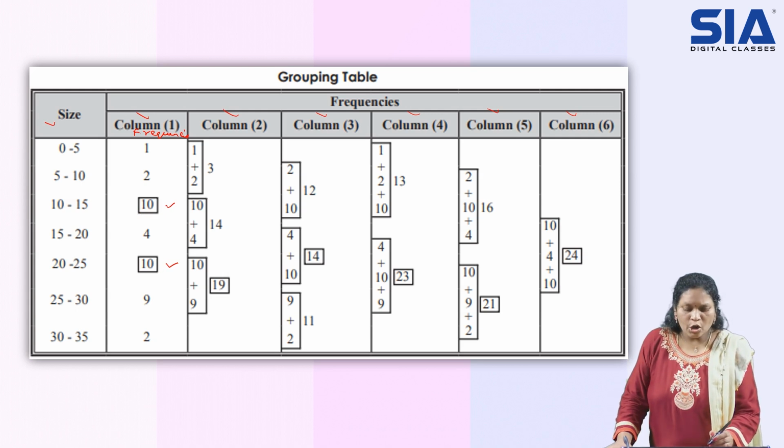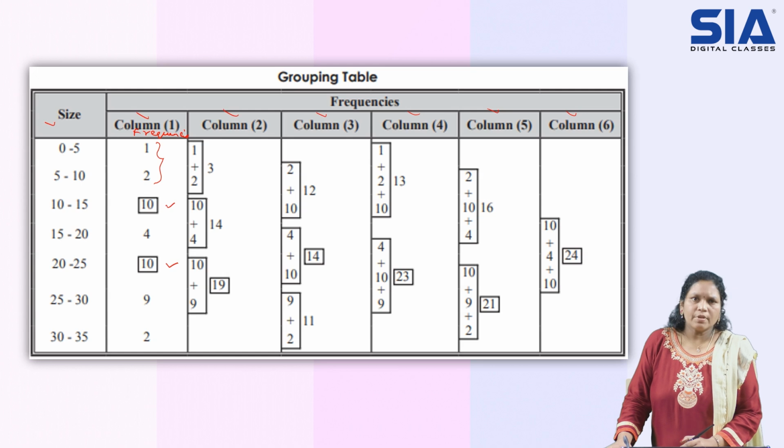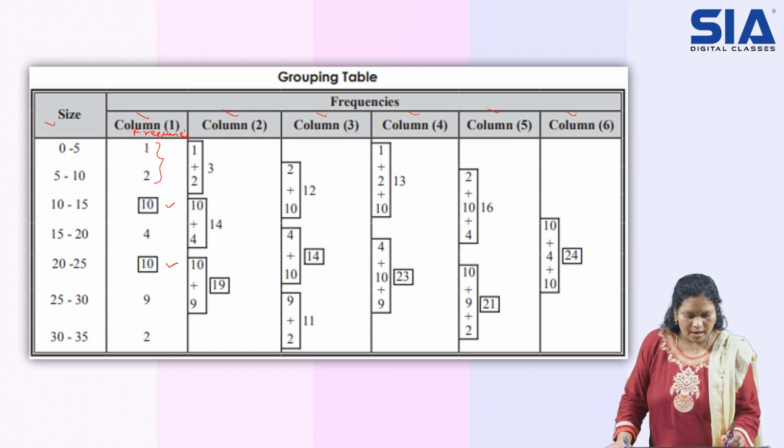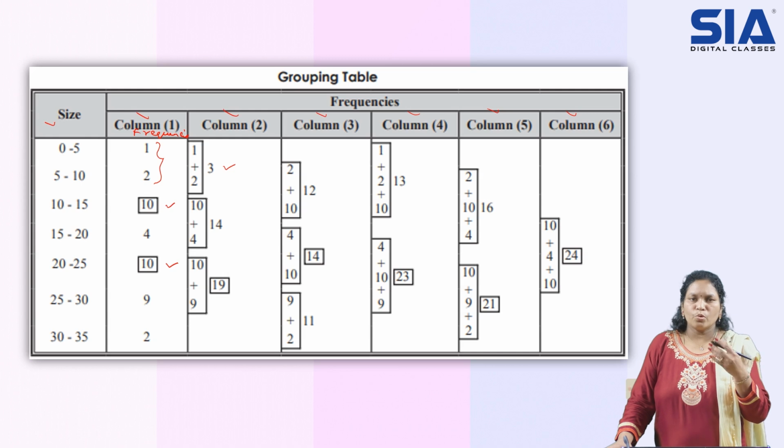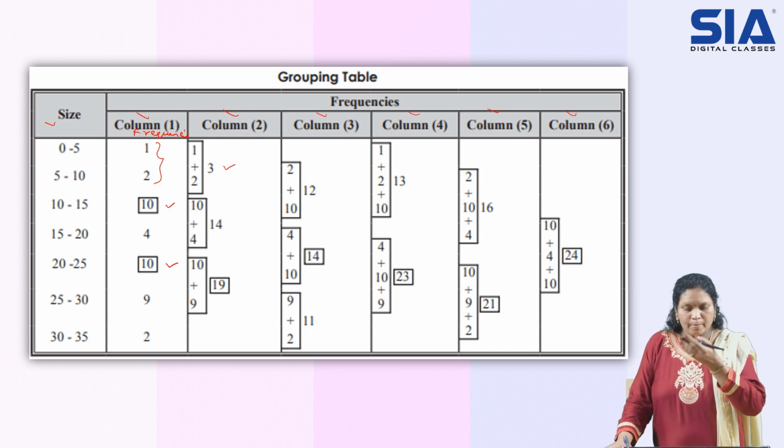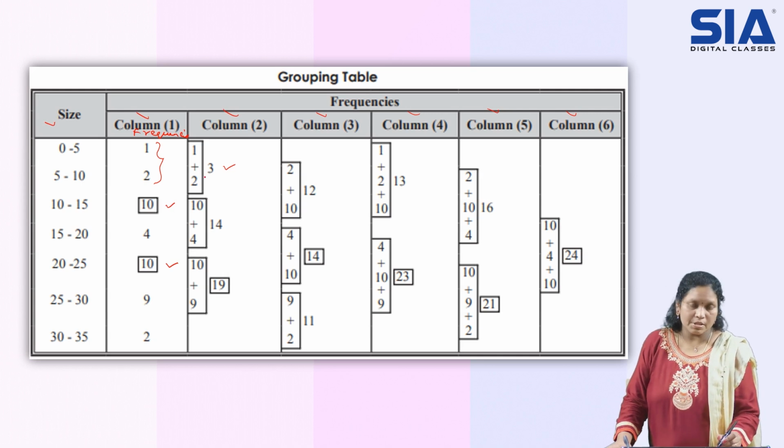Okay, now go for the second column. The second column rule is to add up the first two values from the frequencies column. So 1 plus 2 goes to 3. I made a box to identify properly, because we'll be going on adding 2, 2, 3, 3 like that. So 1 plus 2 becomes 3.